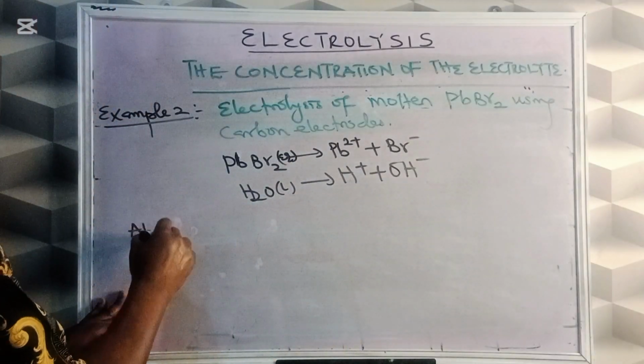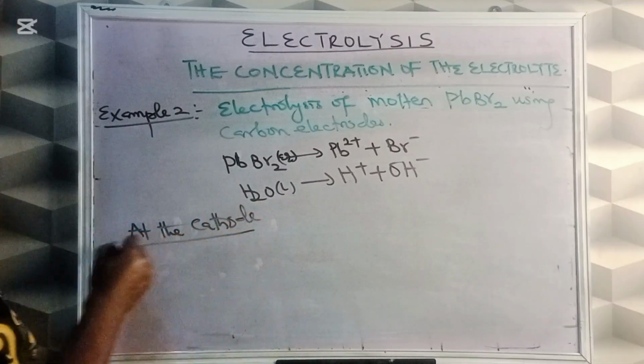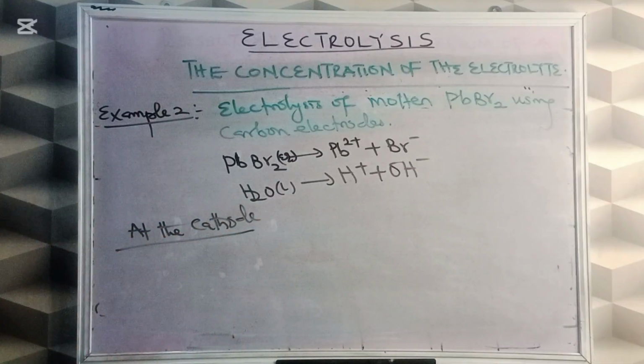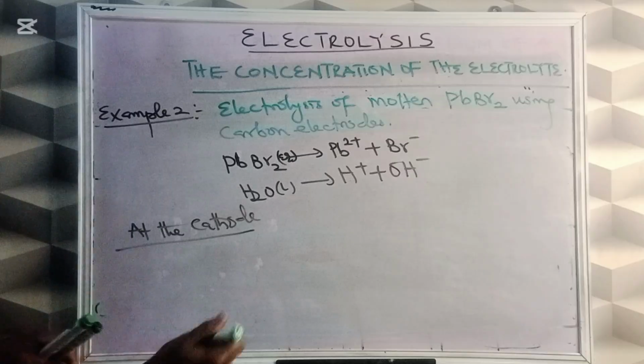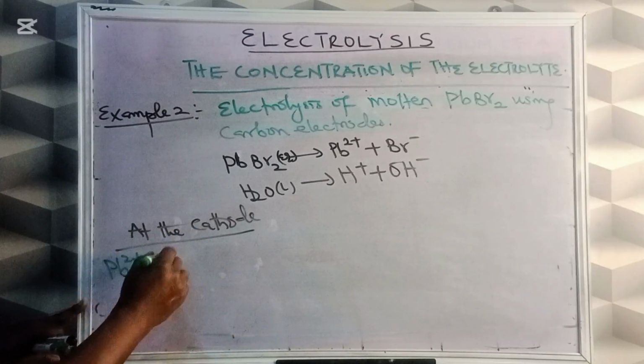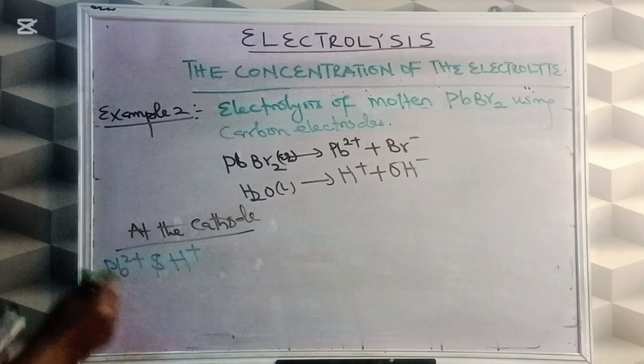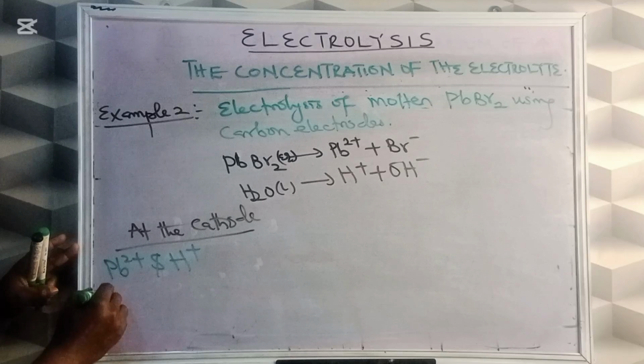What happens at the cathode? There will be migration of opposite charges. So Pb2+ will migrate here, and hydrogen ion. And lead is below hydrogen and is preferentially discharged.